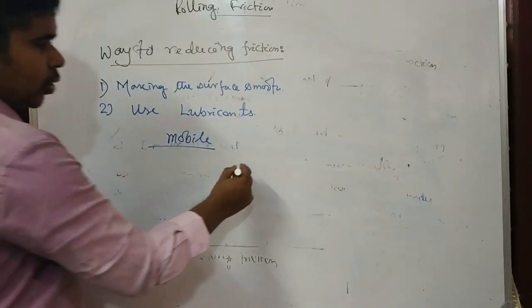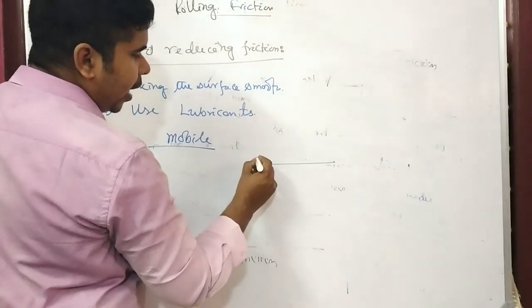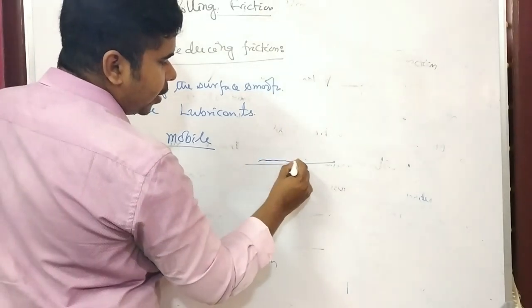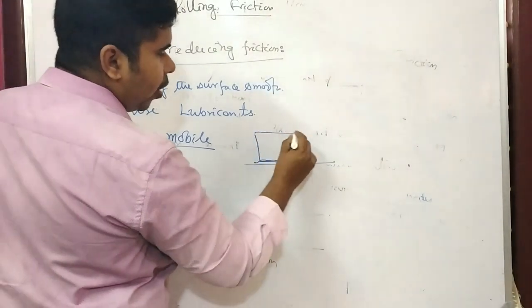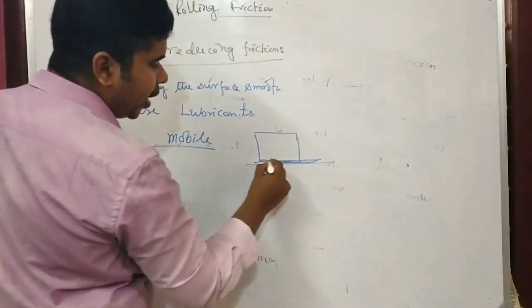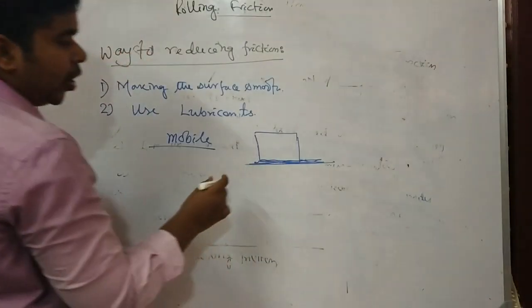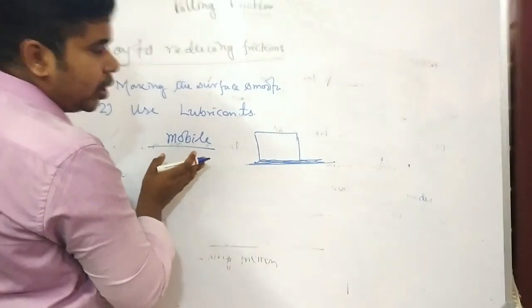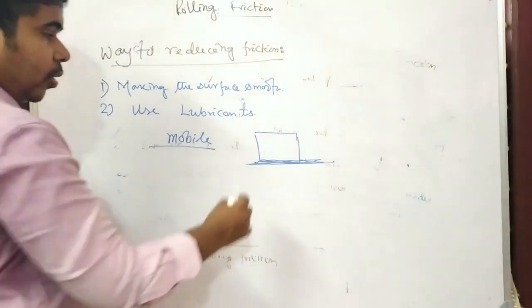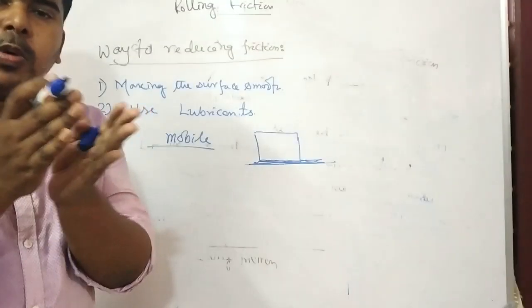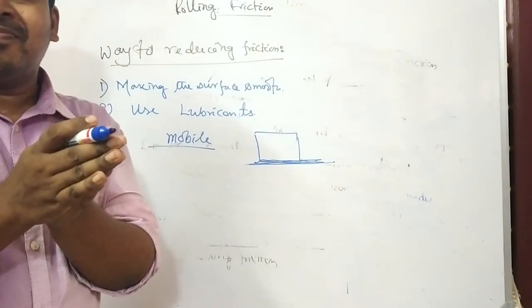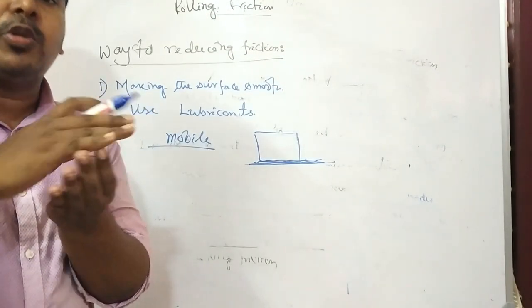Assume this is one surface and this is another surface, and the layer of mobile oil or liquid forms a layer between them. So this object can slip over it, and one surface cannot touch the other. They will have a layer between them.